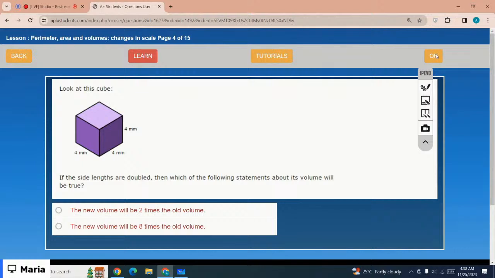Which is the correct option? The correct option is the new volume will be 8 times the old volume, right? The correct option is 8 times the old volume.